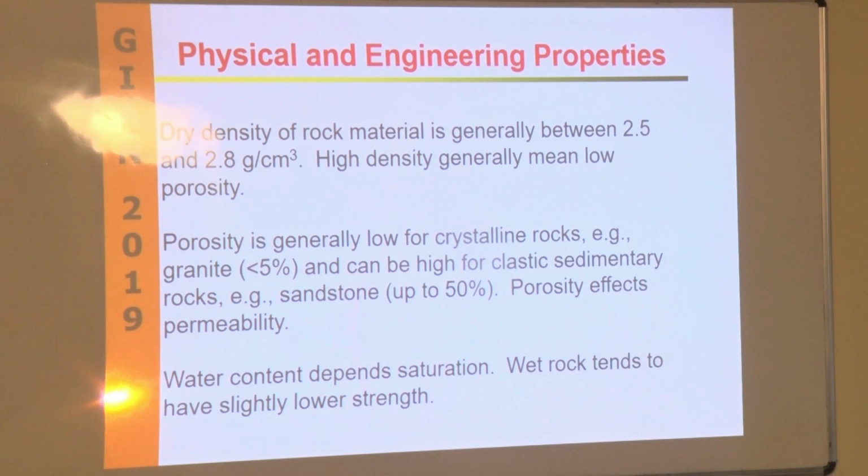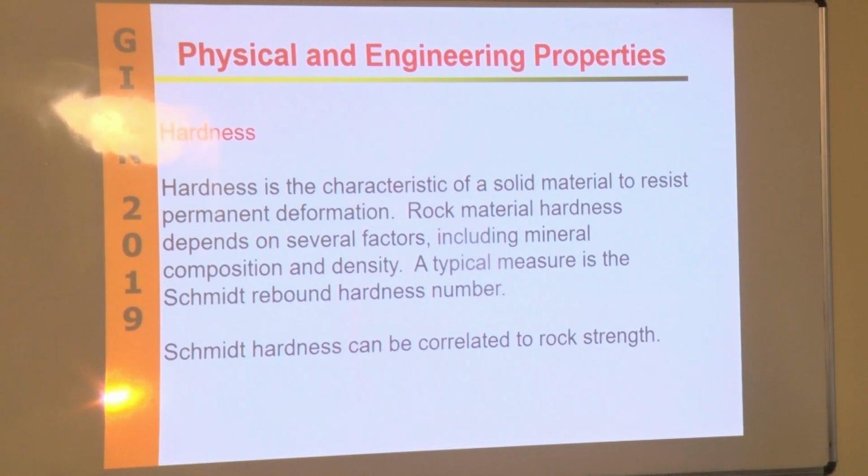Density, again, is between 2.5 and 2.8. 2.7 is a really nice number that most people use. And the other thing is hardness, another aspect that you need to measure, especially when you need to break your rock.